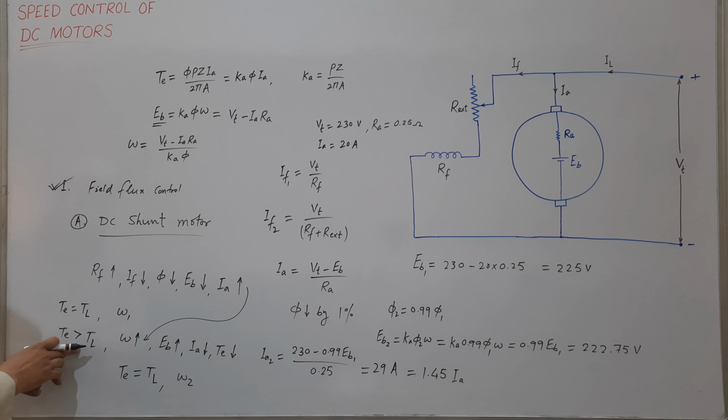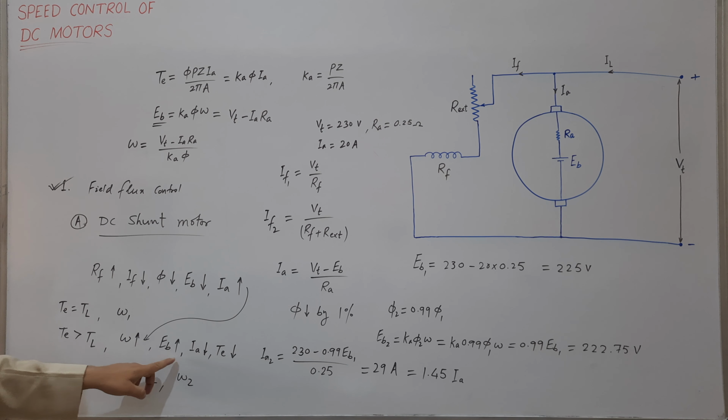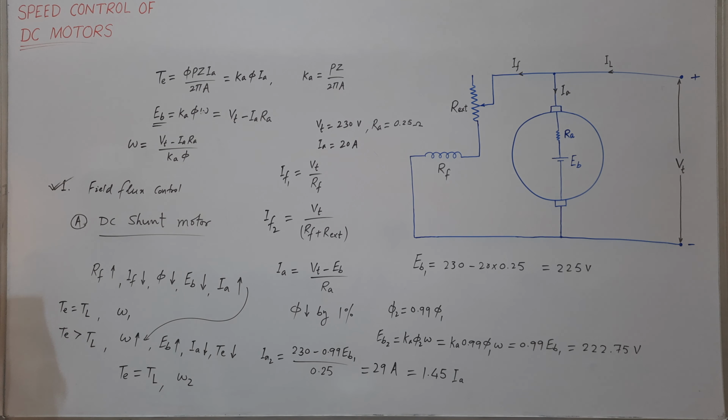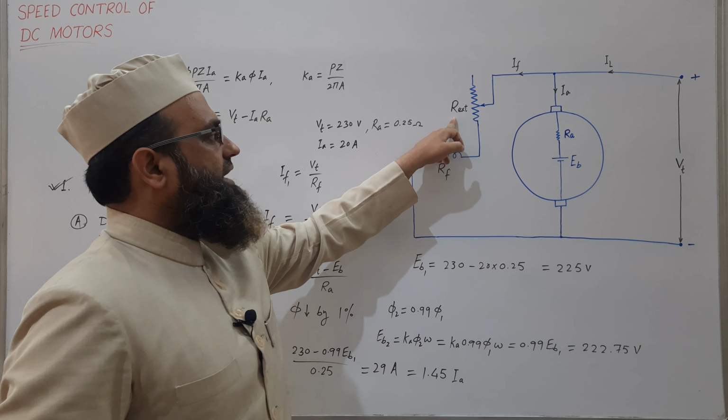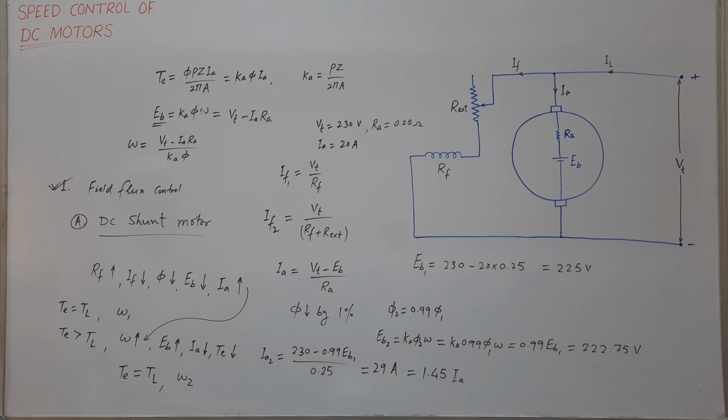As the motor accelerated, omega increased, EB increased, and hence IA started decreasing, and so on. Finally, it will settle down at a speed higher than the previous speed. So far we have increased the speed. If we further increase REXT, the speed will be further increased. We will discuss this in the next lectures.